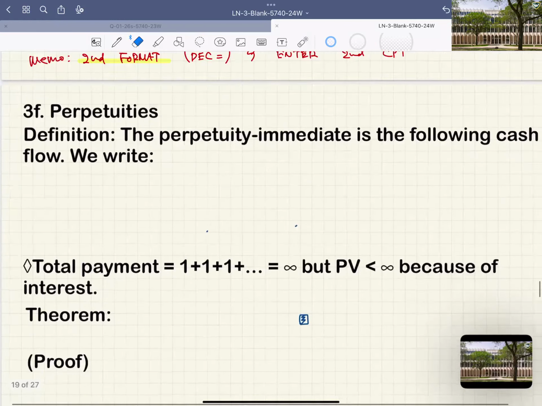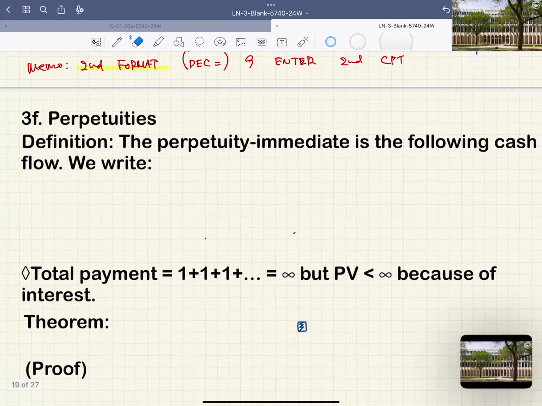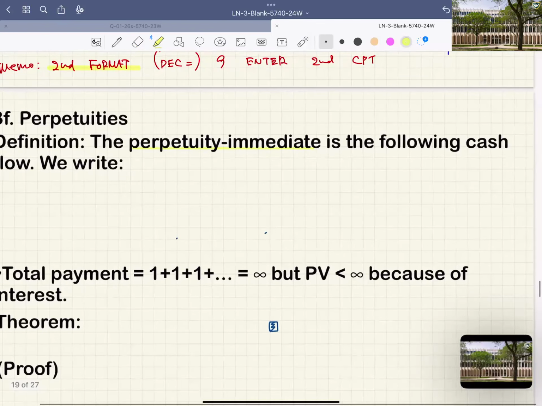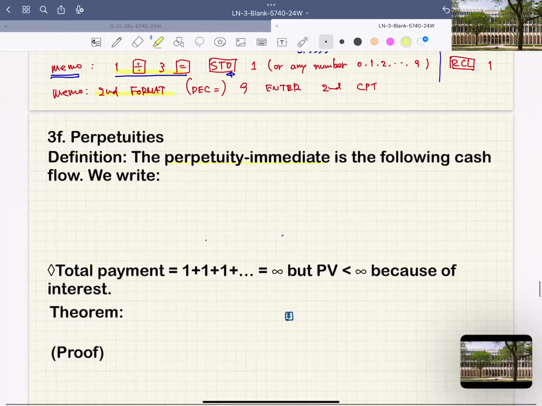Okay, so if not, then we go to the next one, the perpetuities. So the definition, the perpetuity immediate, is the following cash flow. That is basically the eternal version, perpetual version of annuity.